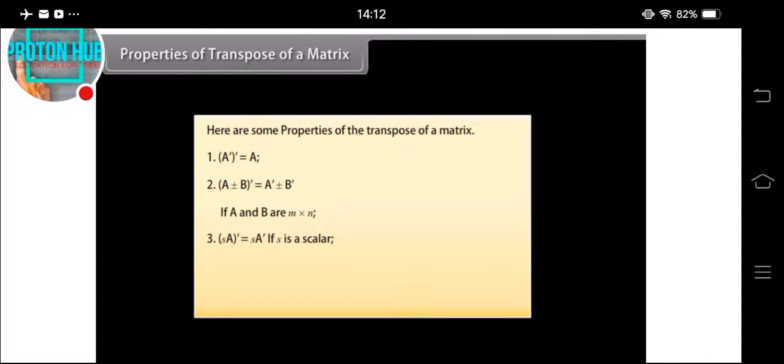Third, the transpose of S into matrix A is equal to S into the transpose of matrix A, if S is a scalar. Fourth, the transpose of matrix AB is equal to the transpose of B into the transpose of A, if A is m by n and B is n by p.